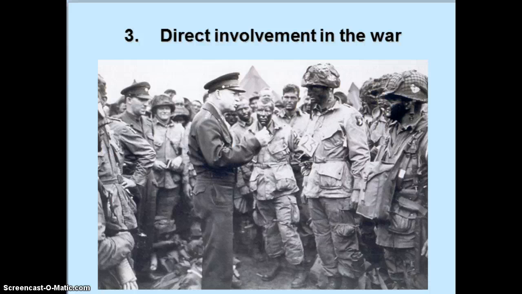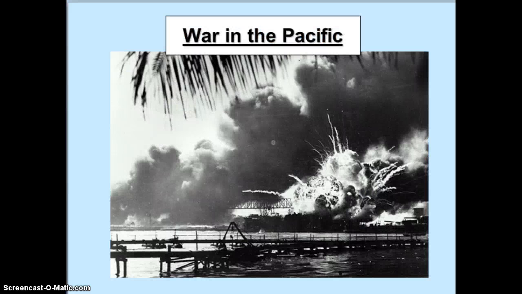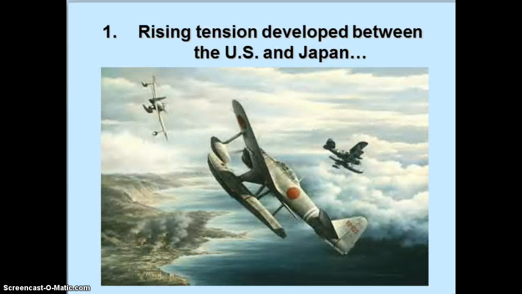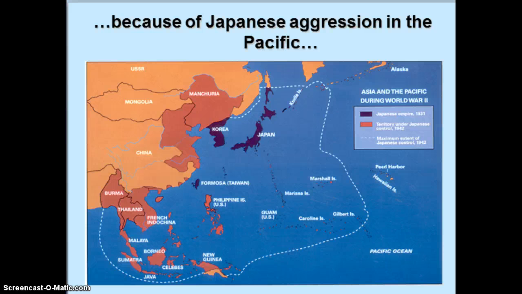Finally, the U.S. becomes directly involved in the war. And what finally forces them to get involved is what happens next. There were rising tensions developing between the United States and Japan throughout the whole time that the Lend-Lease program is taking place, because of Japanese aggression in the Pacific Ocean.